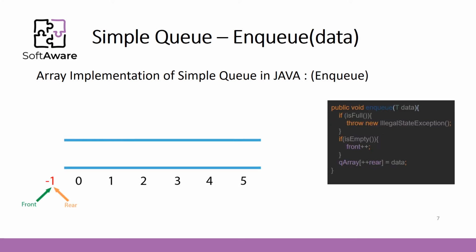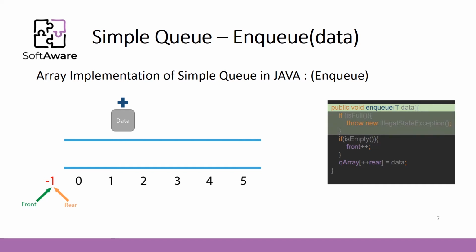In the following slide, we will see how the enqueue method is implemented using a simple queue in Java. When we call the enqueue method with data, it will create a new data and check if our queue is full. In our illustration, it's not. So we skip the first if statement and proceed further.